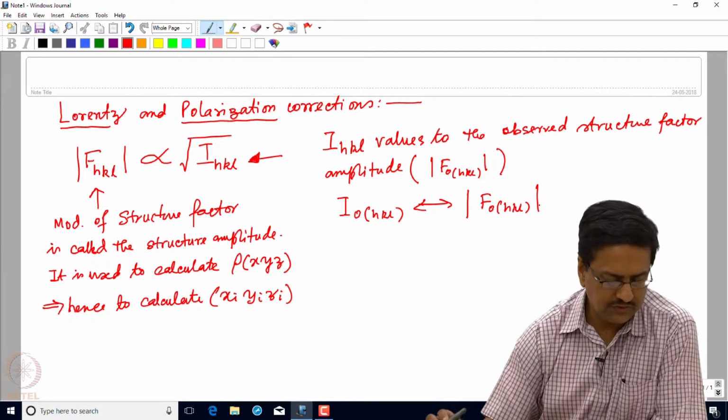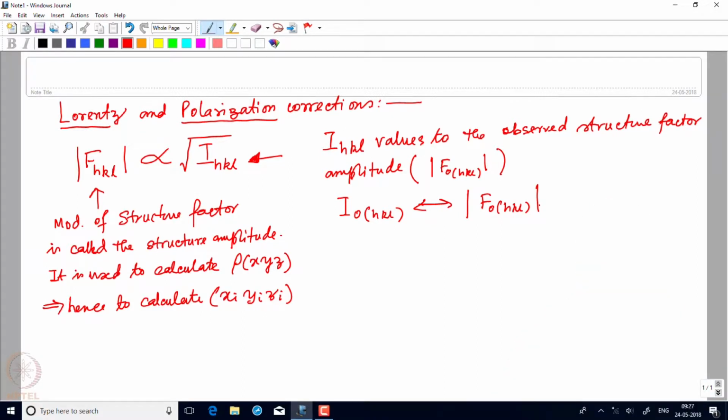The relationship used in a data reduction program is written as F_O HKL, the modulus of observed structure factor, is equal to the square root of a constant k multiplied by I_O HKL divided by two terms, Lorenz and polarization factors.